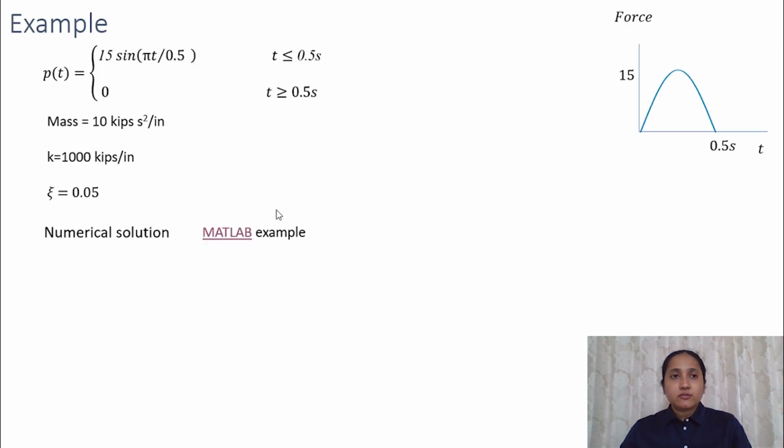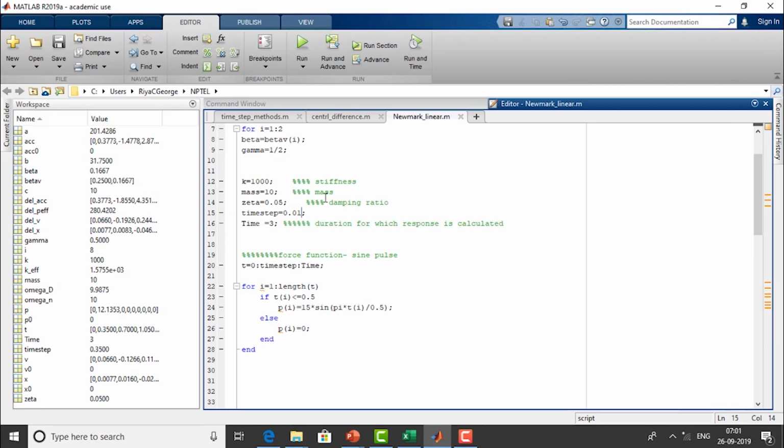Now, let's solve our example using Newmark's method. Here, as we have done earlier, we can define our system properties: stiffness, mass, damping ratio, etc. We can choose a time step and calculate the response for some amount of time. Here I am choosing it as 3 seconds.